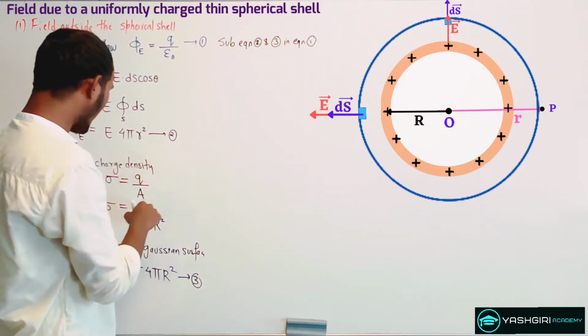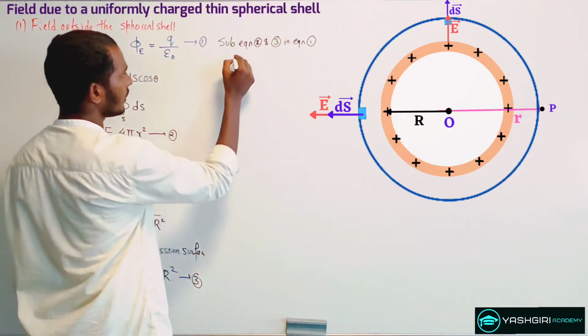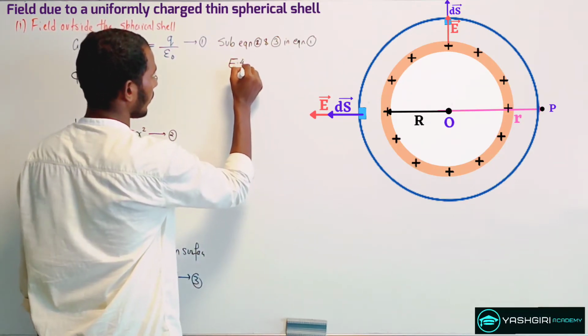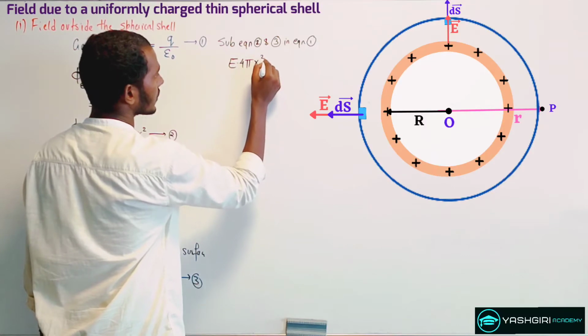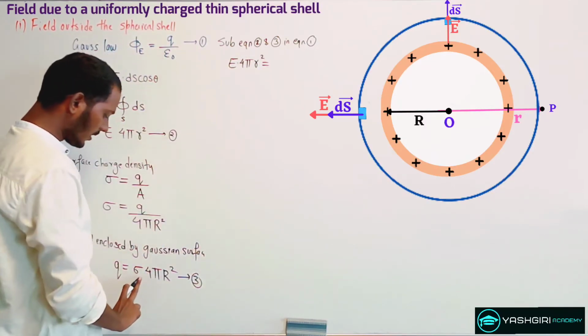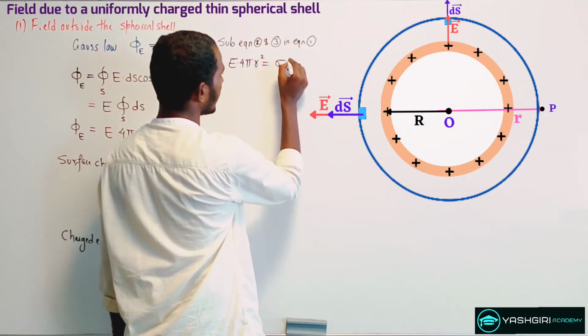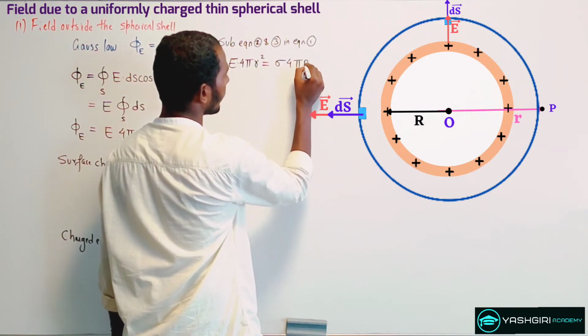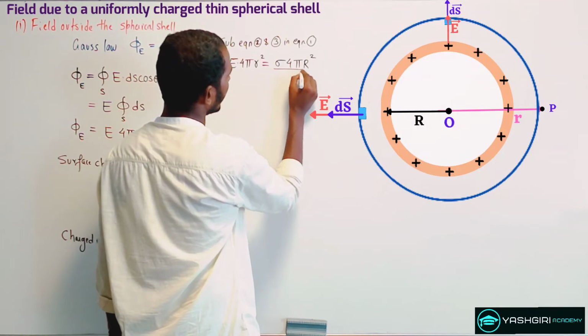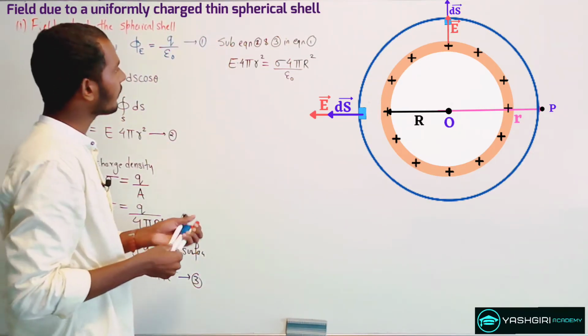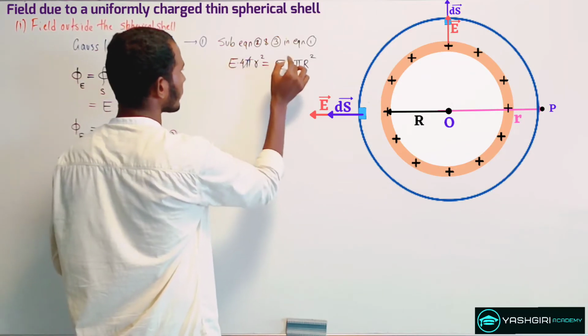So what I get, phi of E is E into 4 pi r square, and the charge enclosed is sigma 4 pi R square, divided by epsilon naught. Here the 4 pi and the 4 pi get cancelled.